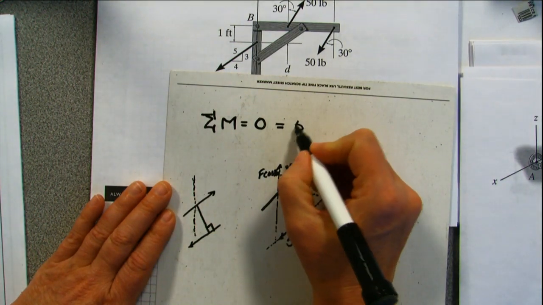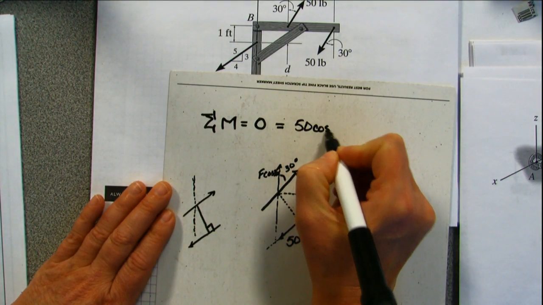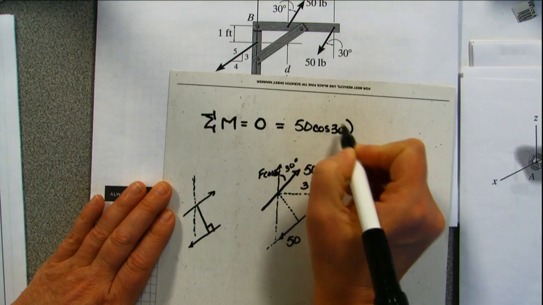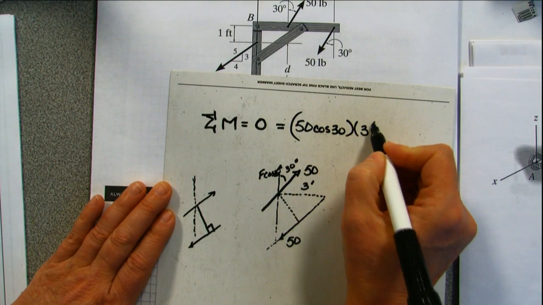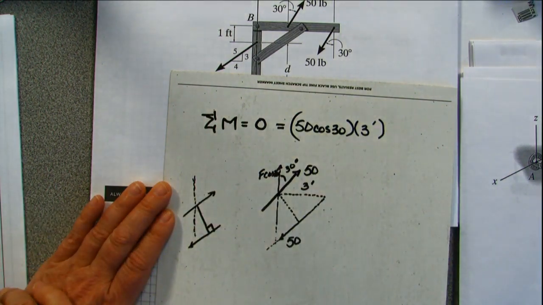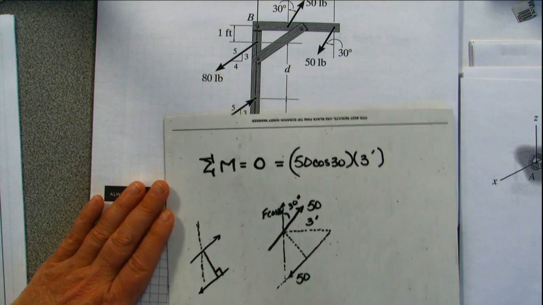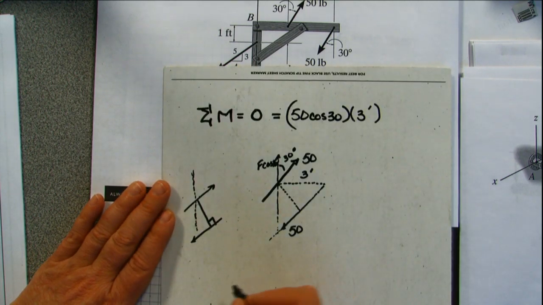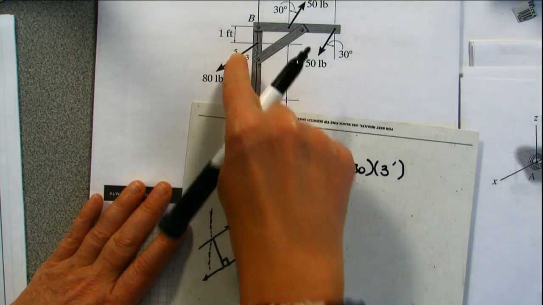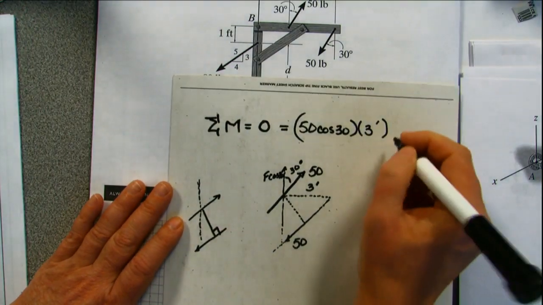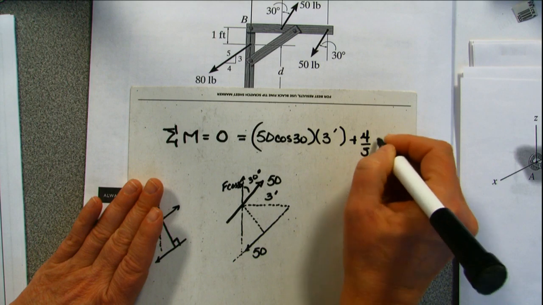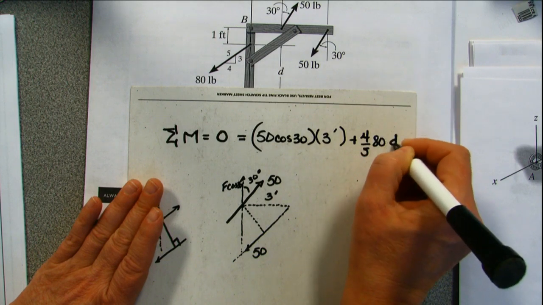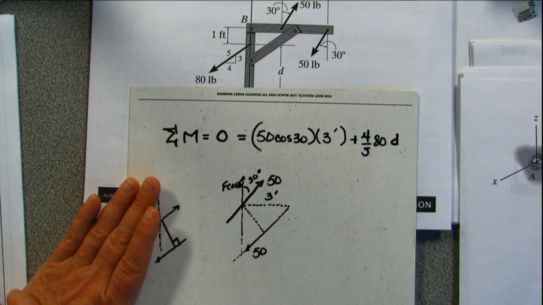So I'm going to have 50 cosine 30 degrees, 3 feet. If I do the other one, because I'm going to do 4/5, it's going to be 4/5, my 80, times the distance that I'm trying to solve for.